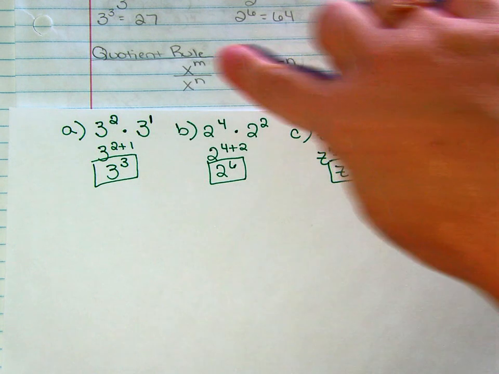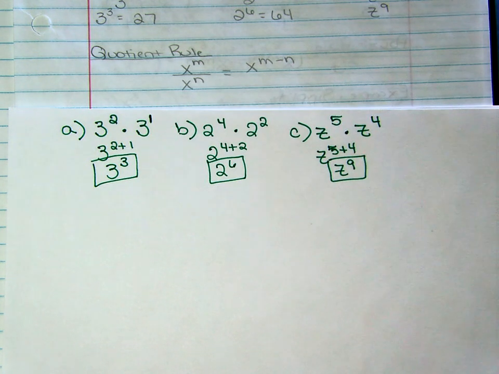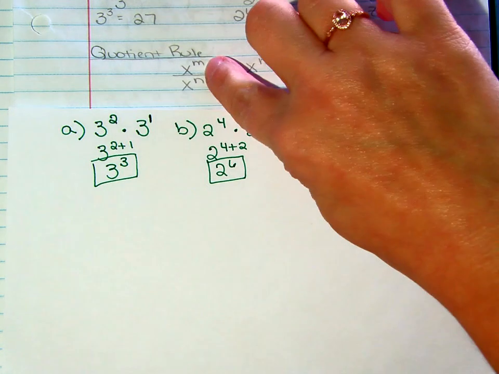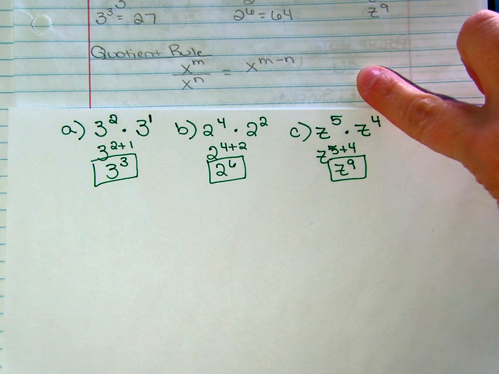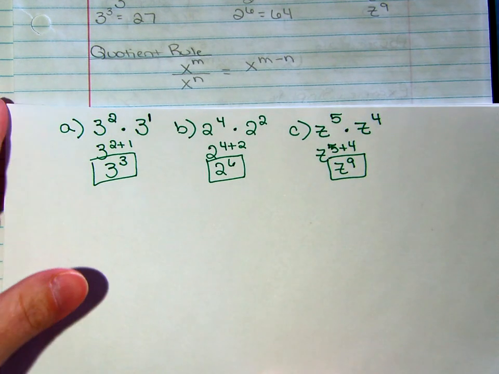When you divide, notice that we subtract our exponents. When we multiplied, we added our exponents. Multiplication and division are opposites of each other, the same way addition and subtraction are opposites of each other. So if your top exponent is larger, this is the method I would use, and that's the method we're going to use first on the next handful of examples.